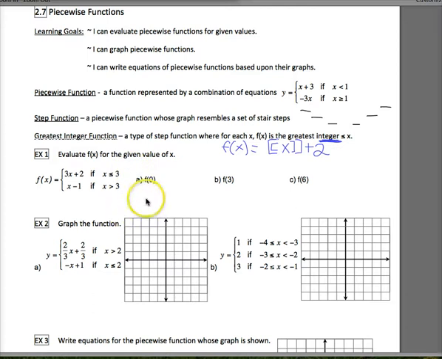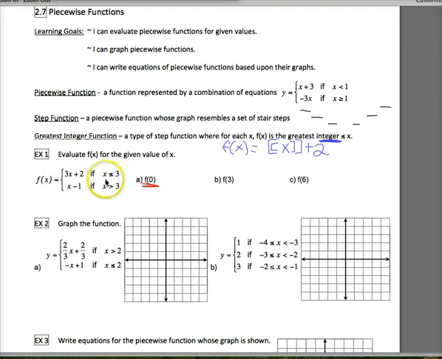Okay, so let's look at example 1, our first learning goal, evaluating piecewise functions for given values. Here, all you need to do is just be careful as to which value you're plugging in and making sure you're using the right equation. So here, I've got f of 0. So I look over at my restrictions and I say, which one of those does 0 fit into?